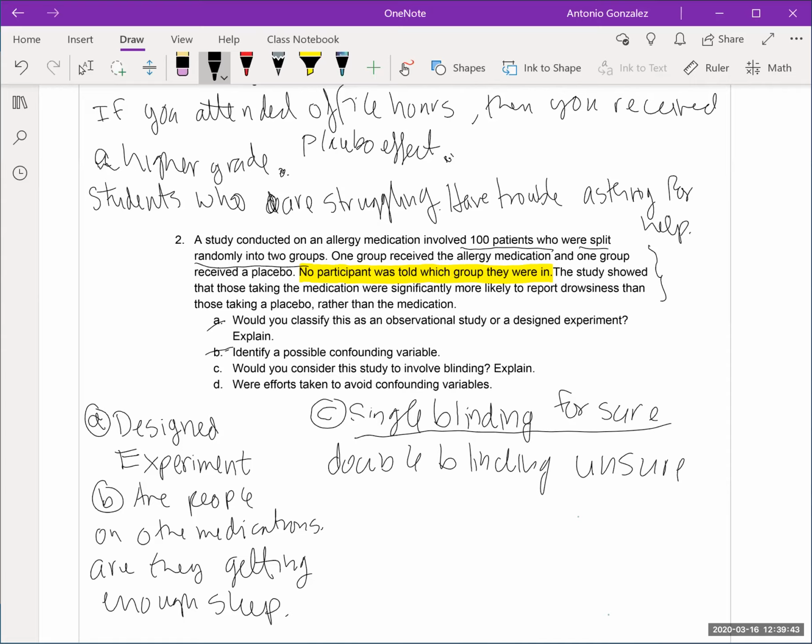It's not explicitly stating here whether the researchers knew whether they were dealing with the placebo group or not. And that would make it a double blind, if we're not sure if the researchers know what group they are dealing with, what group they are studying.